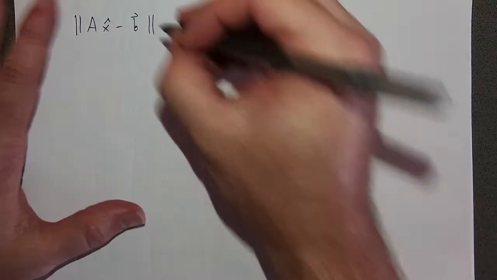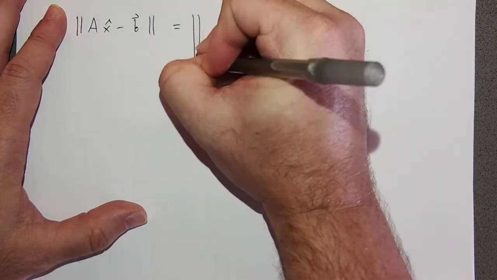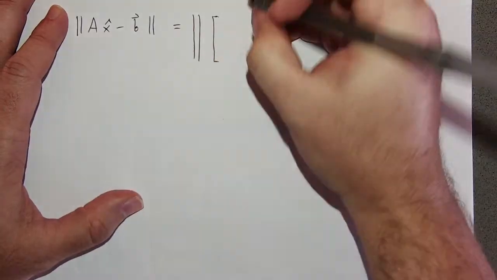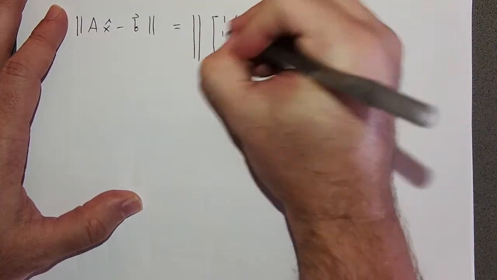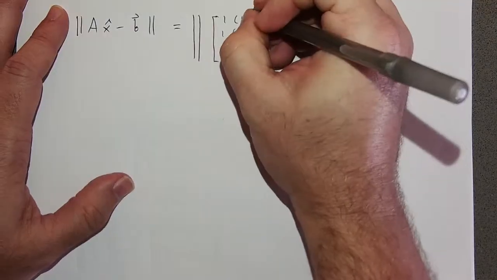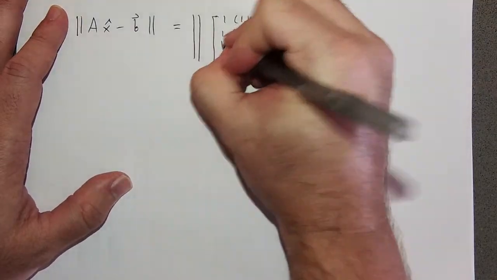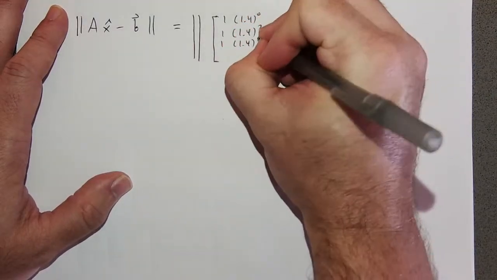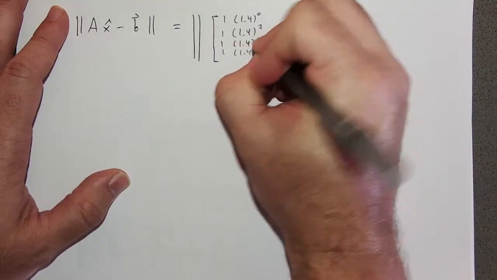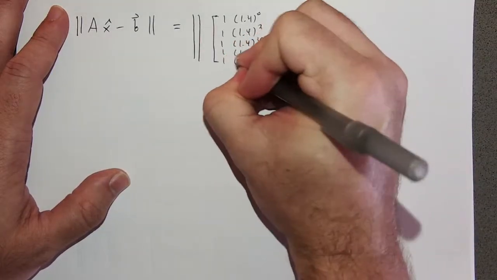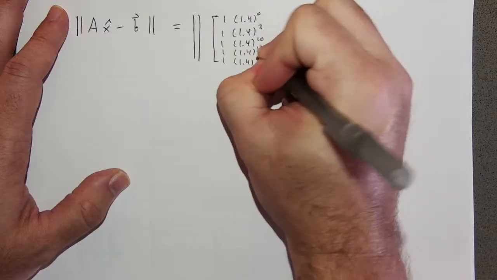It is the length of the vector A x hat minus b. So that is the length of here. A is 1, 1.4, 1, 1.4 squared, 1, 1.4 to the 10th, 1, 1.4 to the 13th, and lastly 1, 1.4 to the 15th.